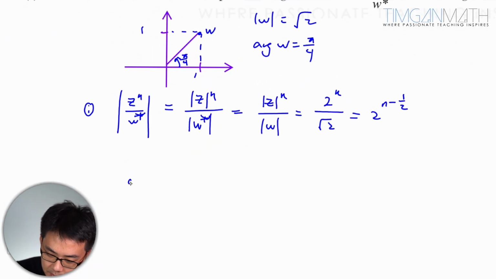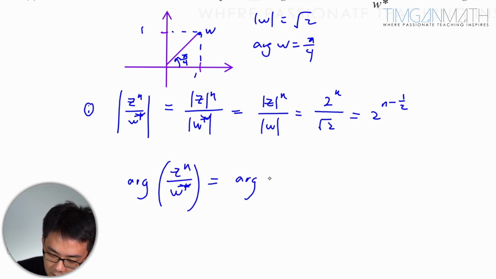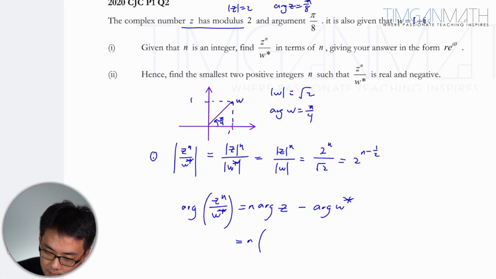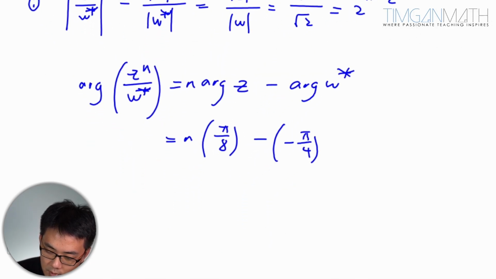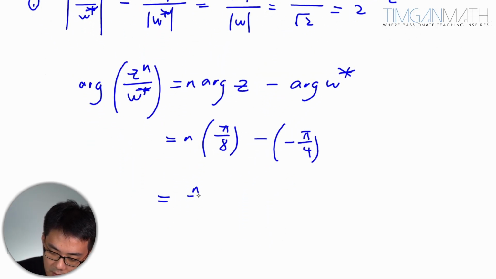Then argument of Zn over W conjugate behaves like logarithm. Argument Zn minus argument W conjugate. And argument Z will just be pi over 8. W conjugate will just be negative of argument W. There will be pi over 4.